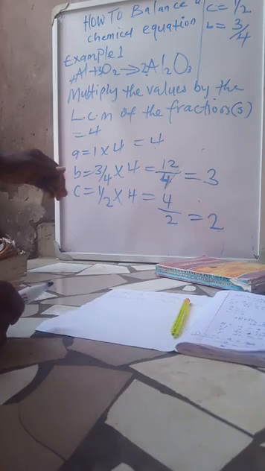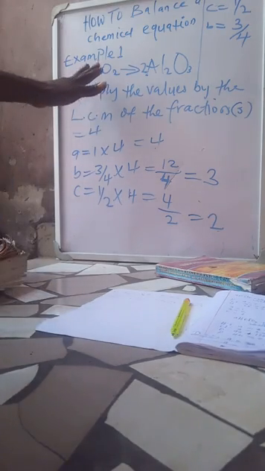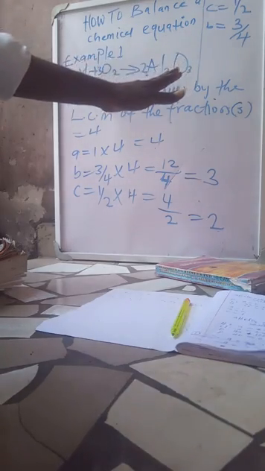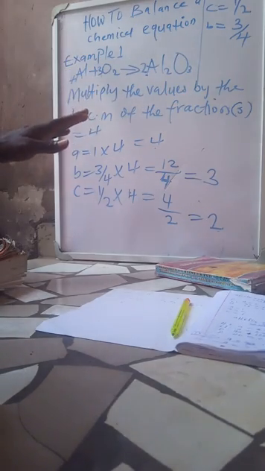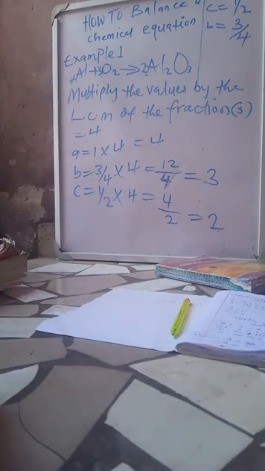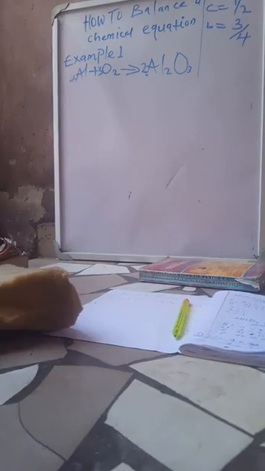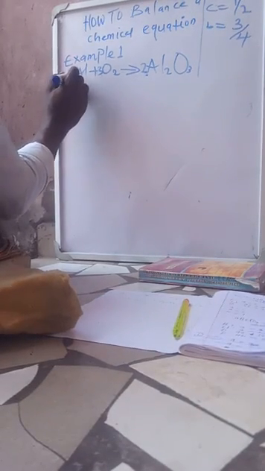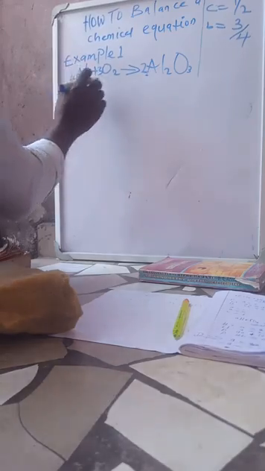So let's now count the number of aluminum here and oxygen here. If it gives us the same number of aluminum and oxygen here, it means we are very correct. Let's do that together. So here we have 4, which is the value for A, and this and this.